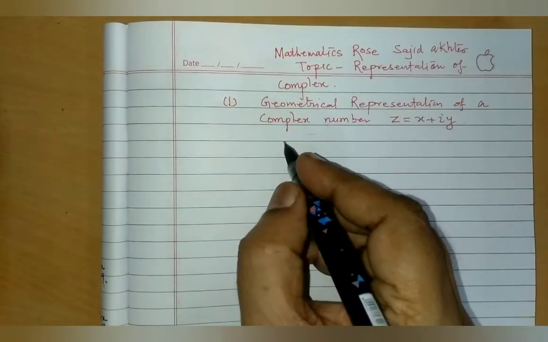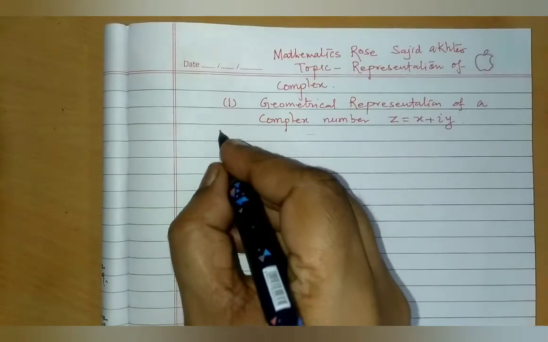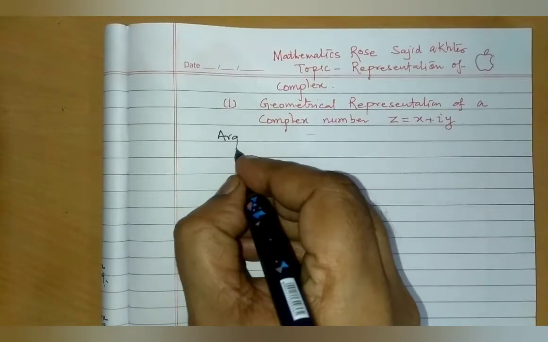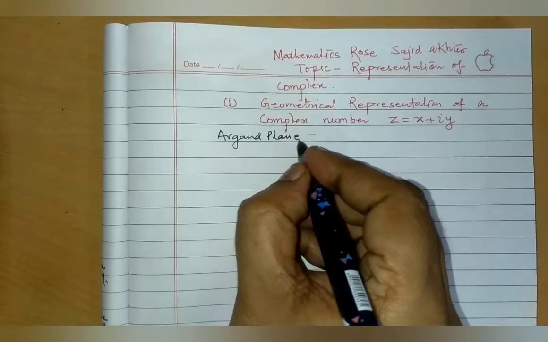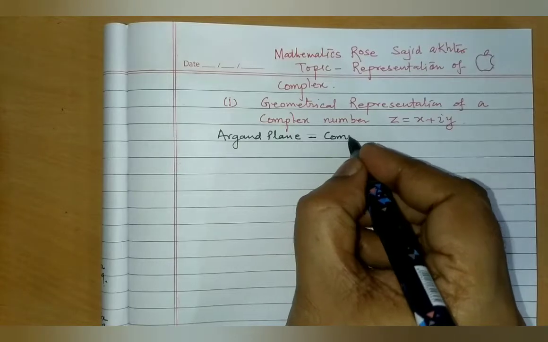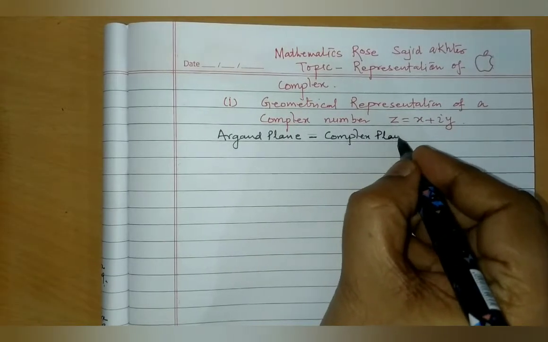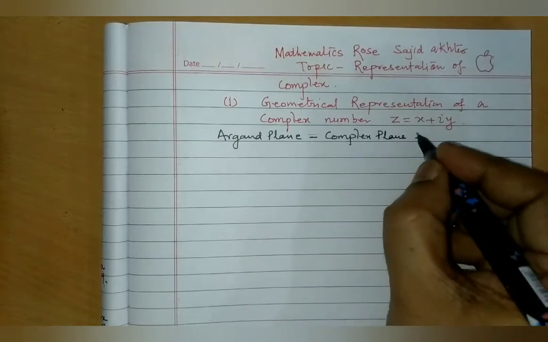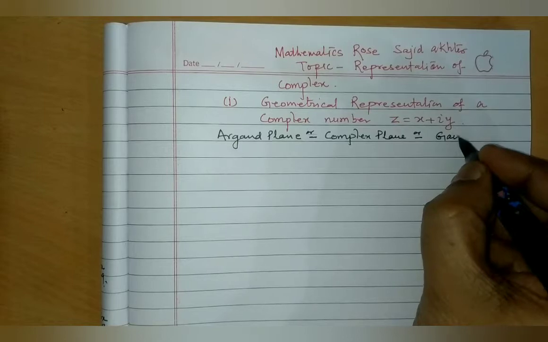Here, Argand plane, or we can say complex plane, or we can say Gaussian plane.